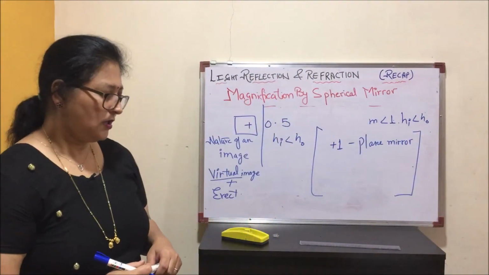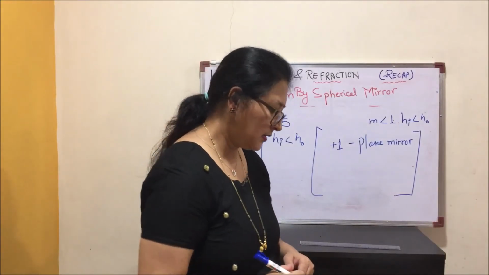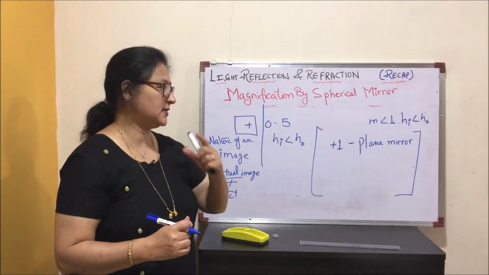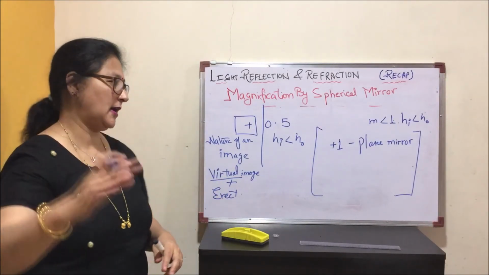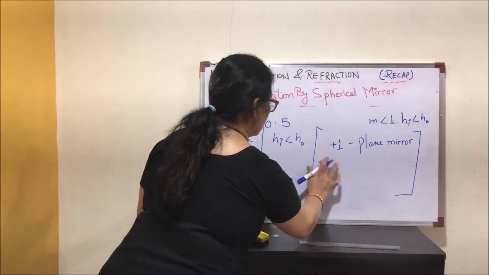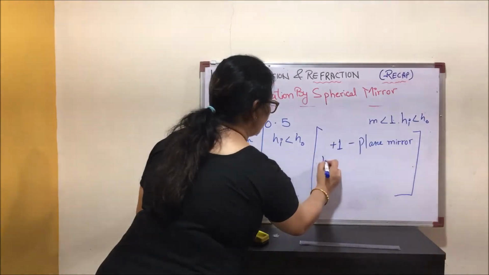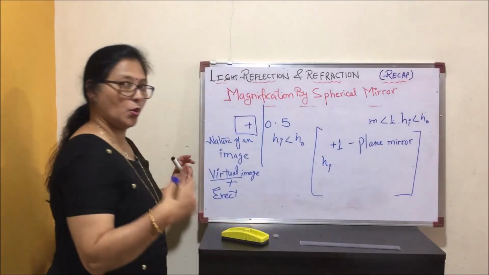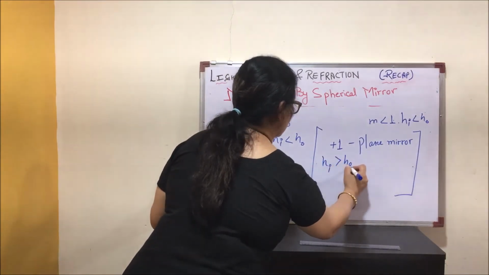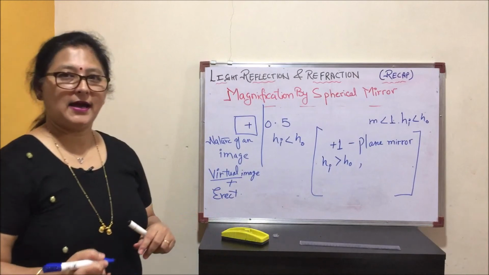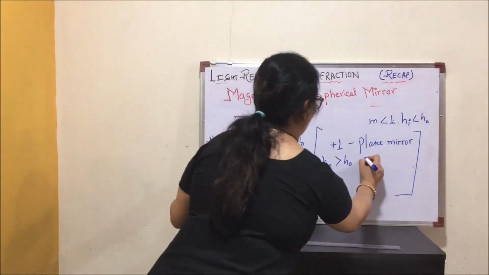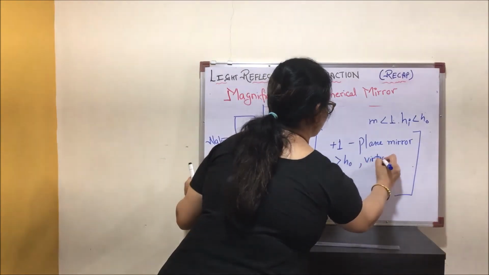Right? So what about when the height of an image is more, it is enlarged, than the height of an object, and the image is virtual?